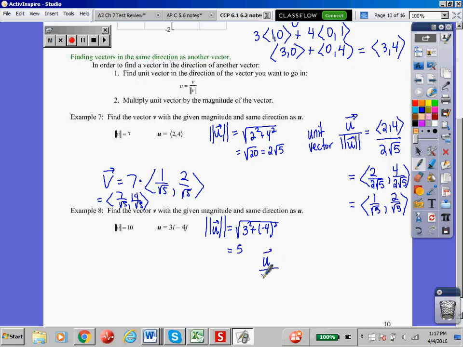So you take vector u over the magnitude of u. Now, are you guys okay that 3i minus 4j is component form 3, negative 4, over 5? So that's 3/5, comma, negative 4/5.